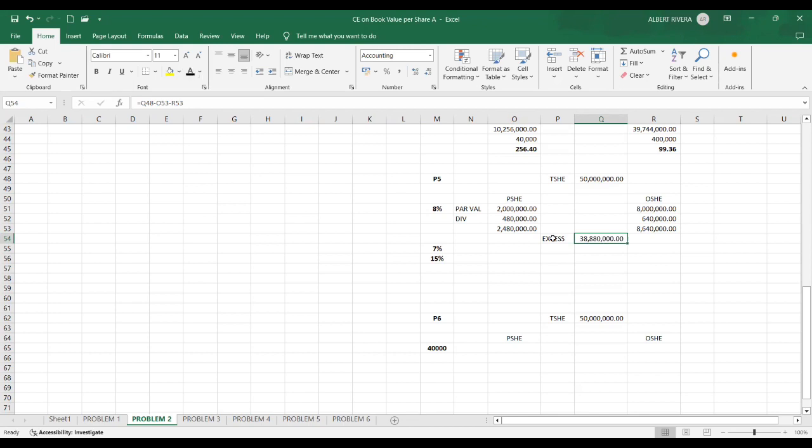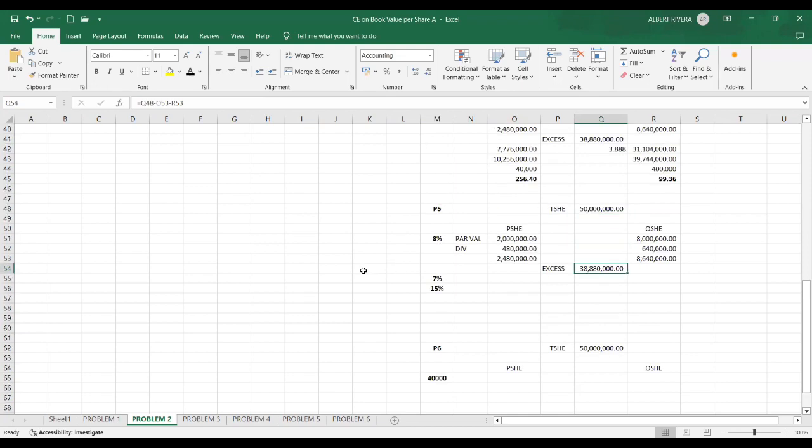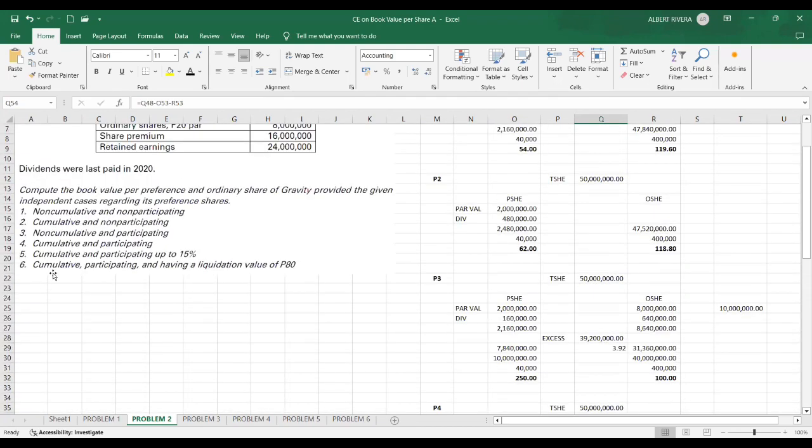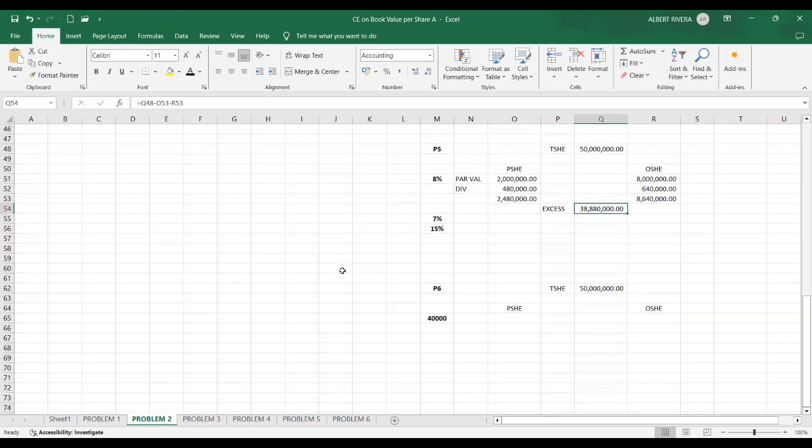This is the excess. Okay, to allocate for this, by default, this is based on aggregate par value. However, it says in problem 4 that the preference shares are cumulative and participating up to 15%. Remember, ito yung ginawa natin last time, nasa stockholders equity. Remember that the company already provided 8% for the preference and sabi ng problem up to 15%.